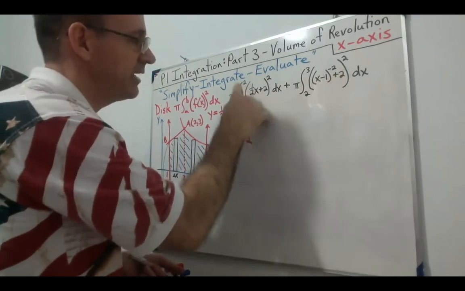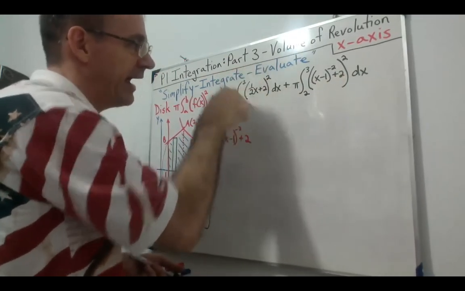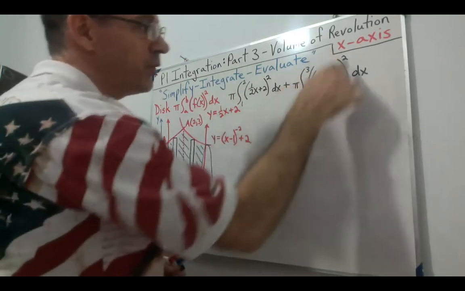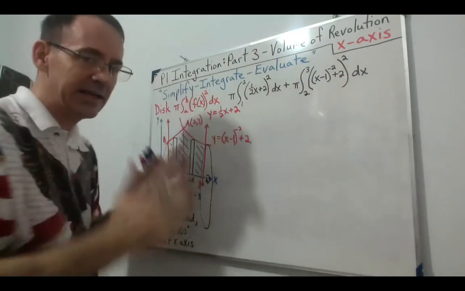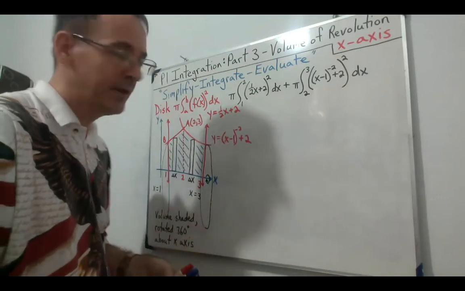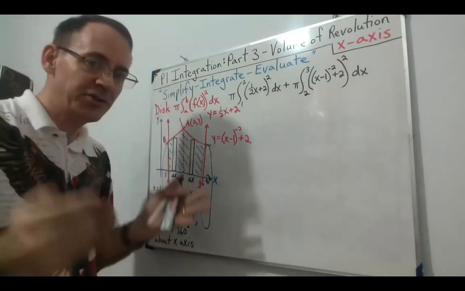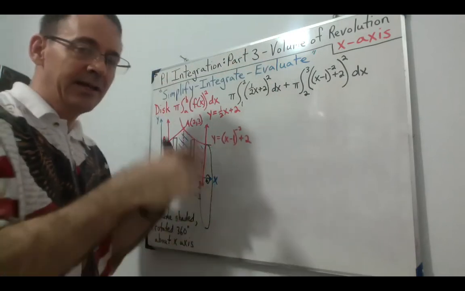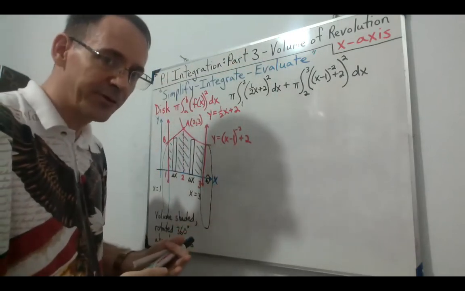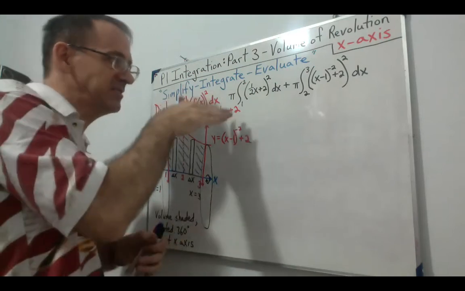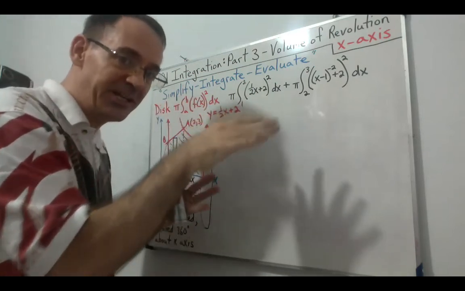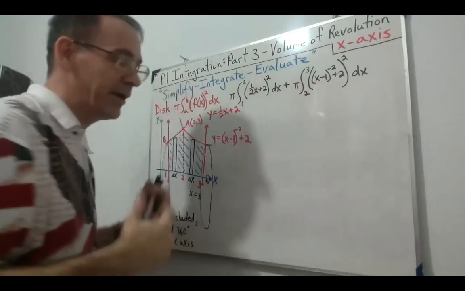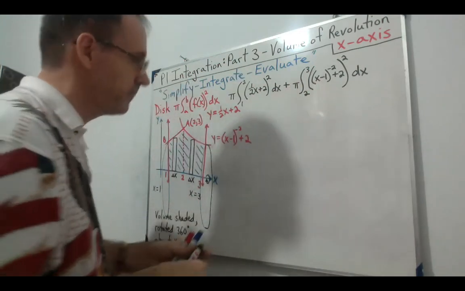Since this is only one parenthesis, you could actually treat this as an expanded form itself. But this one is more complicated. I'm going to go ahead and expand it anyway as part of the simplify. I want you to follow that simplify, integrate, evaluate. Later, once you become comfortable, you'll realize that there's a couple of different variations on how you can do it as far as method goes. But this is what I recommend for you to start with.